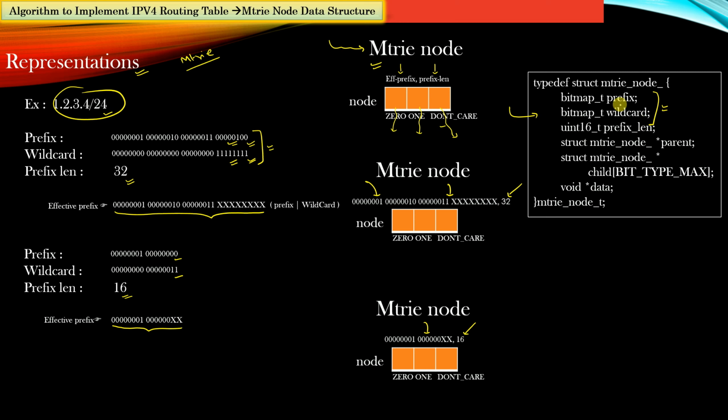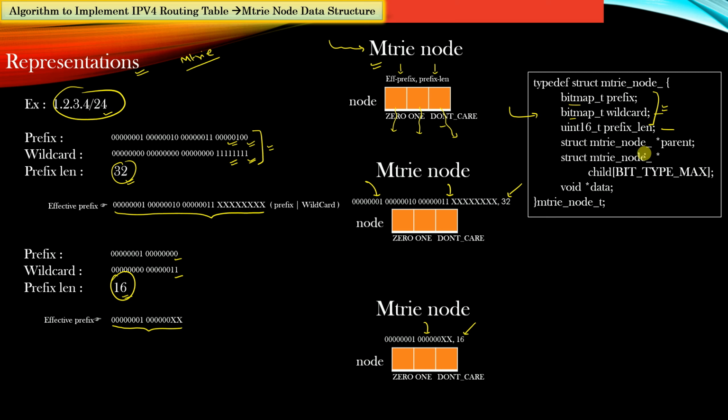All right. Bitmap is nothing but an array of bits, you can visualize it that way and nothing else. Prefix len we already know. In this case the prefix len is 32. In this case the prefix len is 16. So the number of bits in the prefix and the total number of bits in the wildcard is the prefix len, and the prefix len of the prefix and wildcard is always going to be the same no matter what.